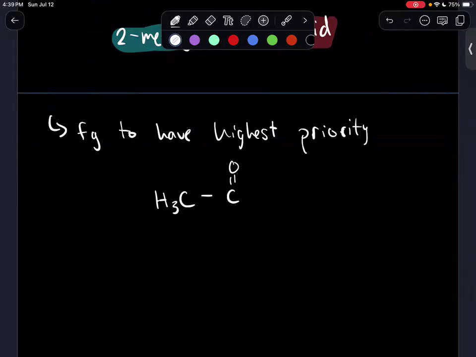We'll have a C double bond O, so that's a carbonyl group. More specifically, that is a ketone. We'll put a chain there, put a chain here, and now we're looking for the longest chain that contains the ketone.